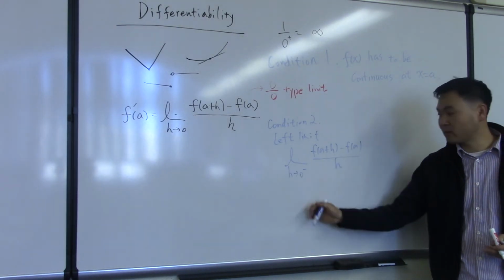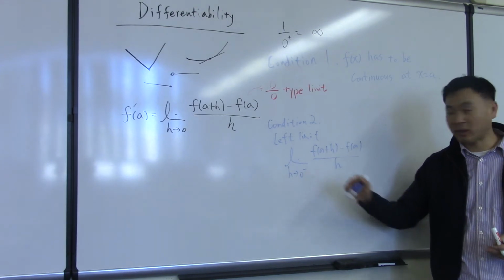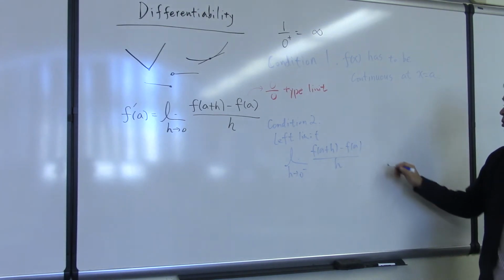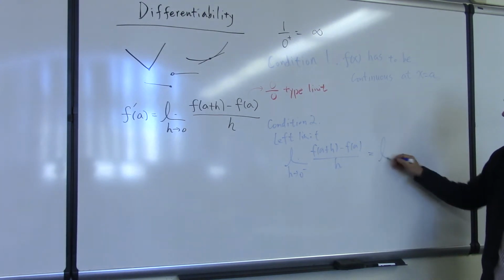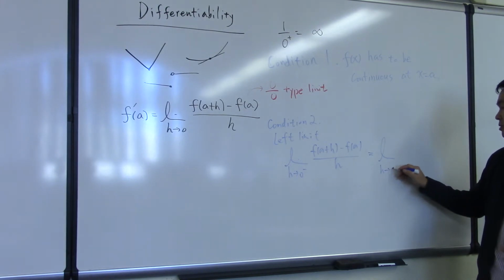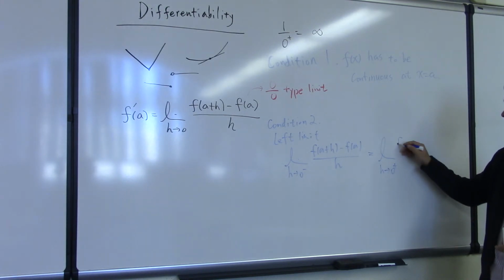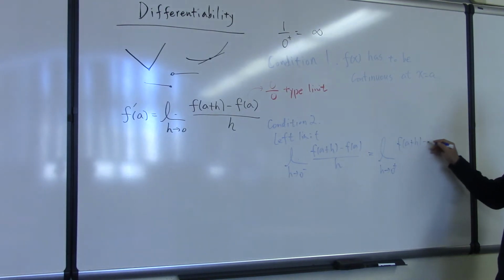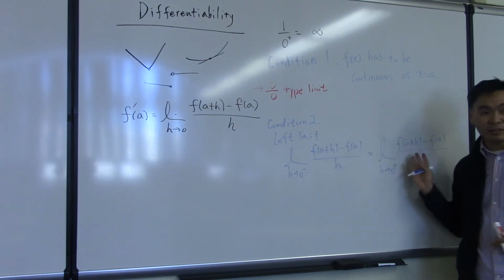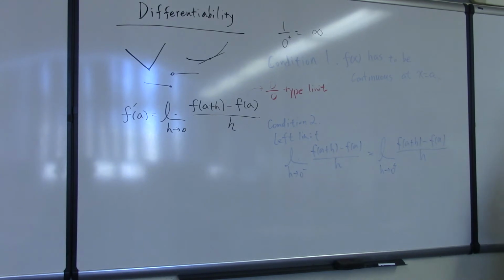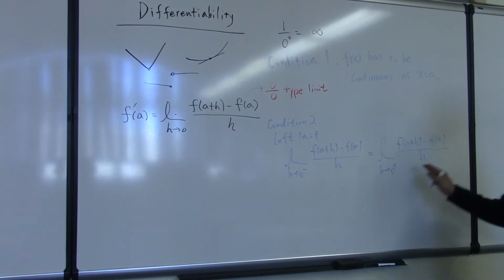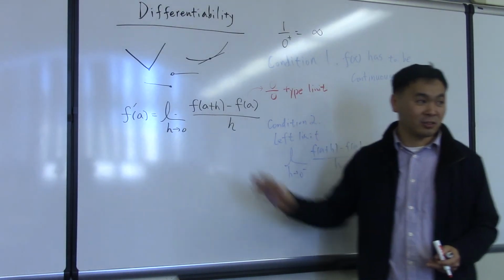This is the derivative where h is only taken from the left side. The left derivative has to equal the right derivative. If they both exist and if their values agree, then we can say that this limit does exist.